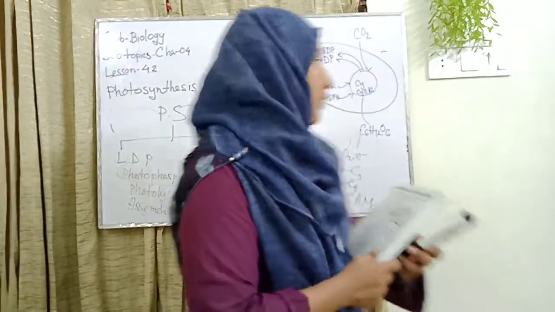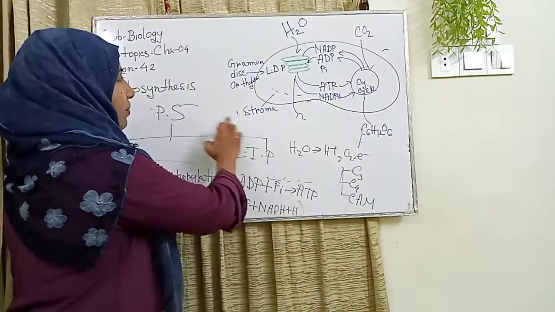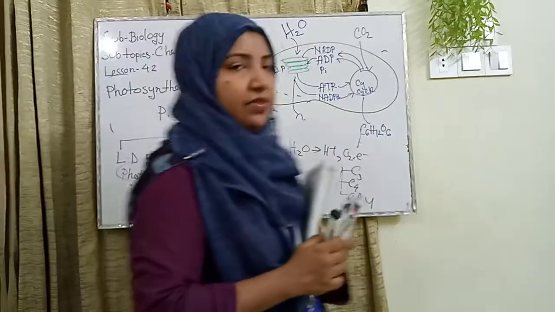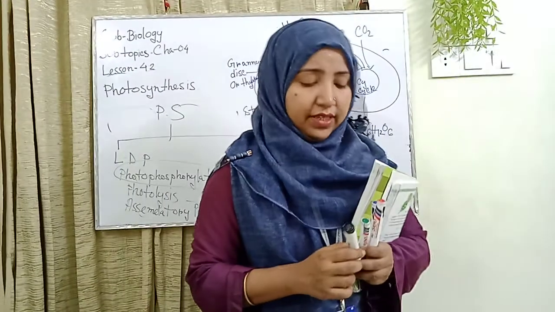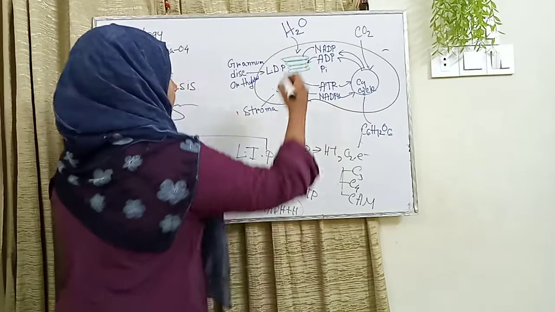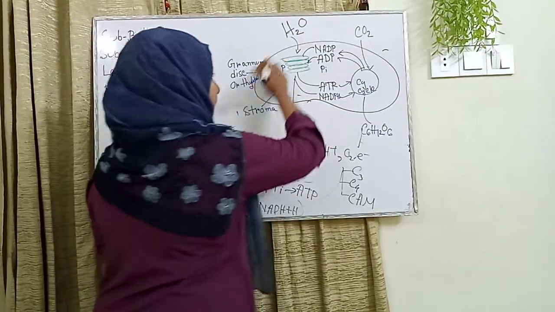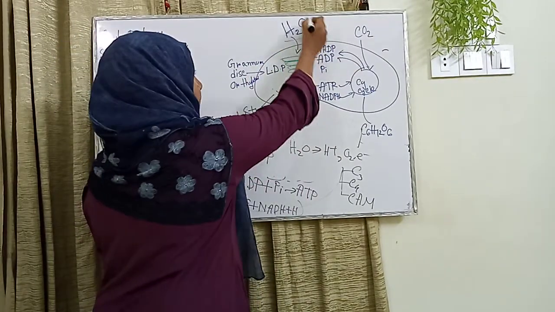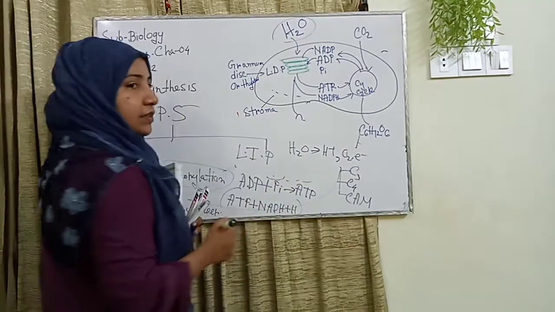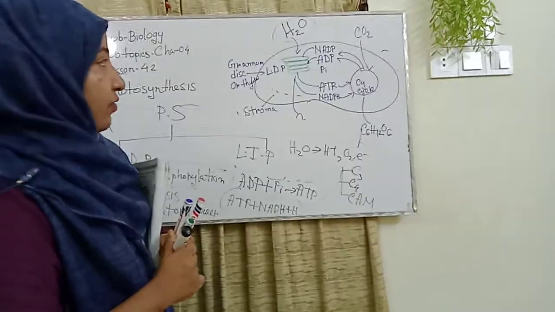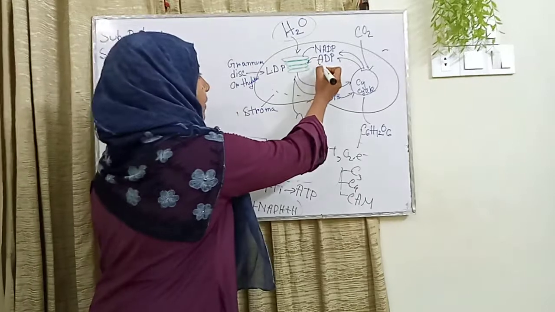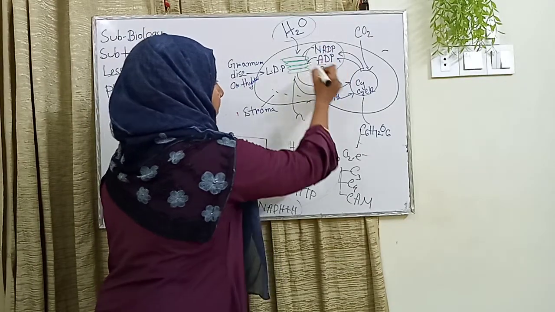Okay. Now I will draw the full mechanism of the light dependent phase and the light independent phase. First, H2O enters the chloroplast and then the mechanism starts. First are NADP, ADP and Pi.